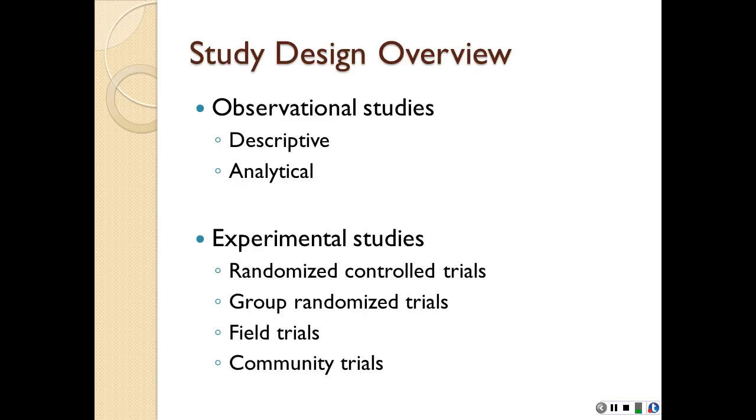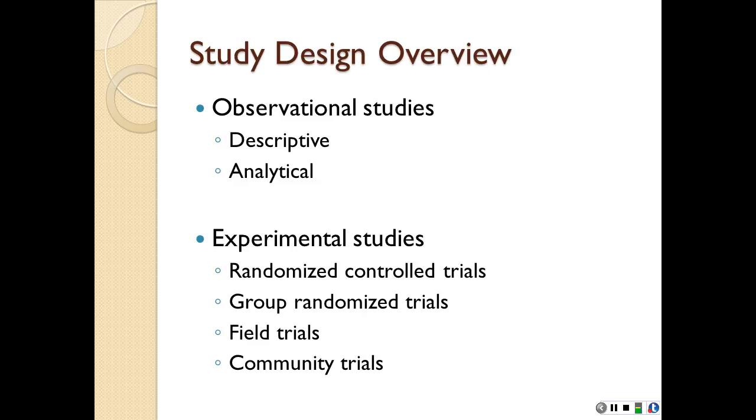Which otherwise stated means that I, as the investigator, assign a treatment to groups. I, as the investigator, somehow apply an intervention to the treatment groups that I'm interested in.